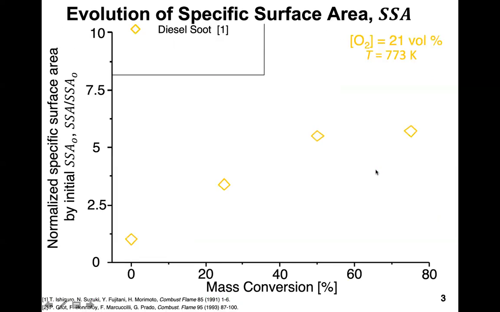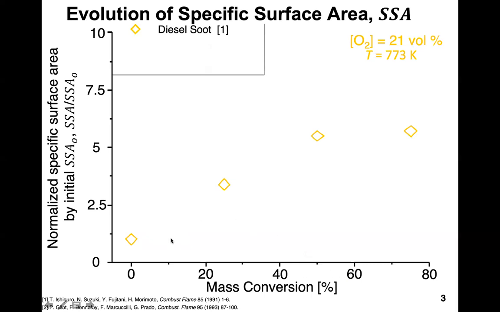Now, the porosity dynamics of carbonaceous nanoparticles are typically quantified using their specific surface area. So here, on the y-axis, I'm presenting you the normalized specific surface area obtained as a function of the mass conversion by oxidation.